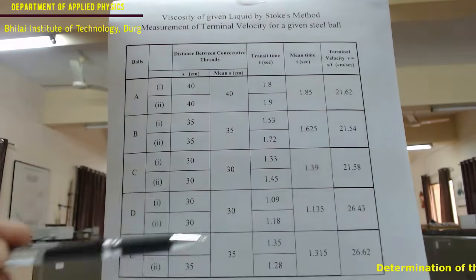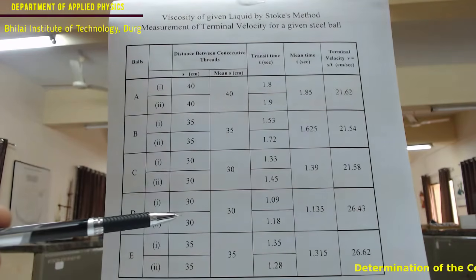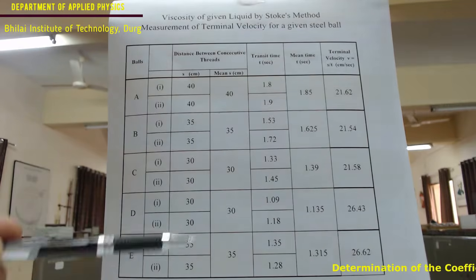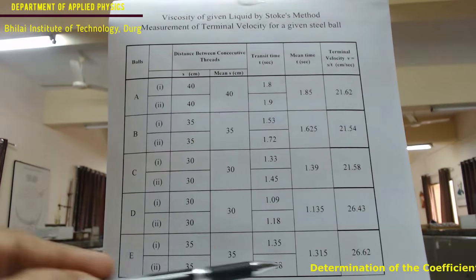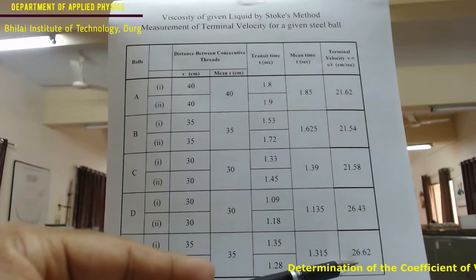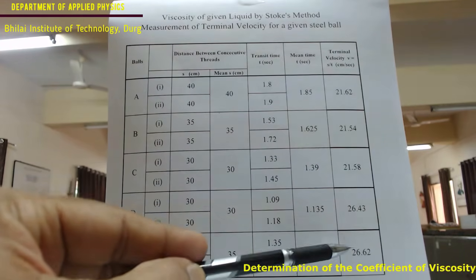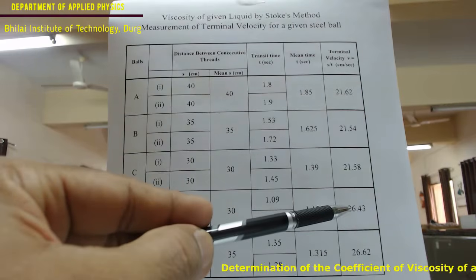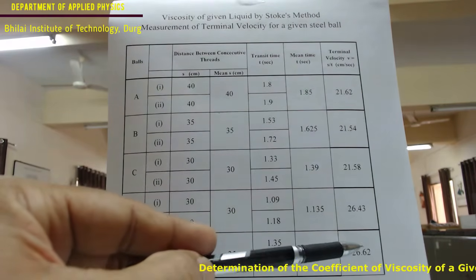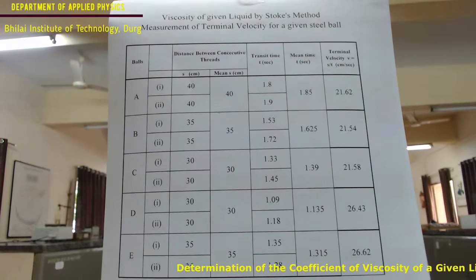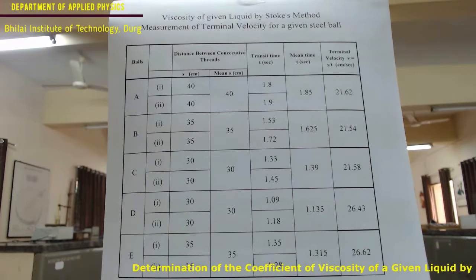Velocity has increased because this is a bigger ball. For the bigger ball, 35 centimeter, the velocity comes to be 26.62. See, for the bigger ball, again the velocity is approximately the same, that is 26 point something. So in this way, we can get the terminal velocity for the different balls.